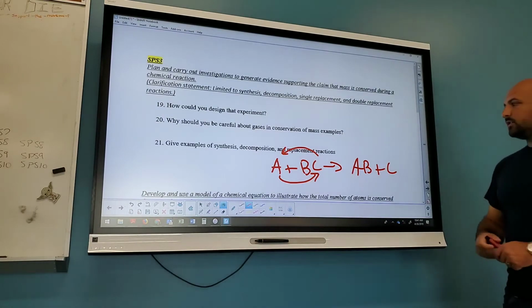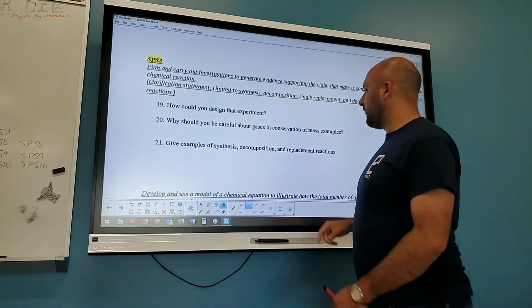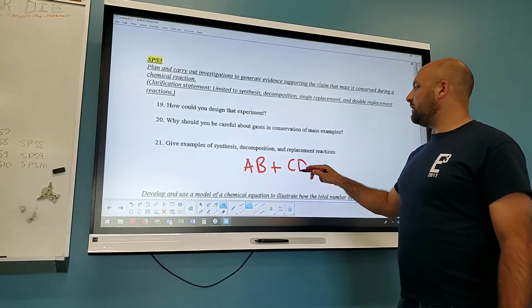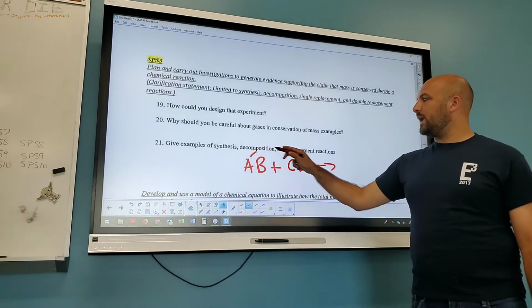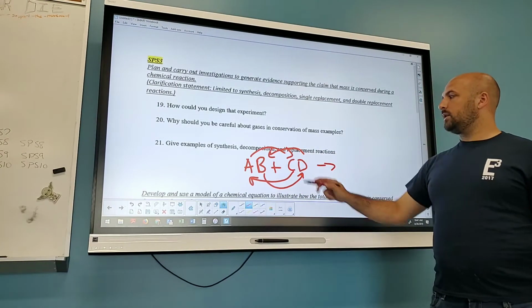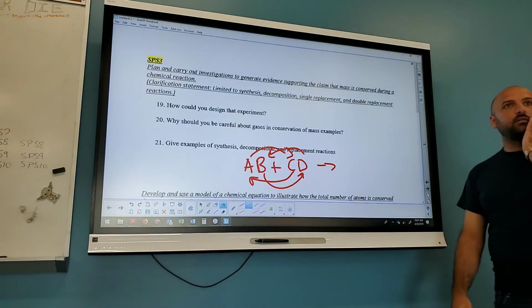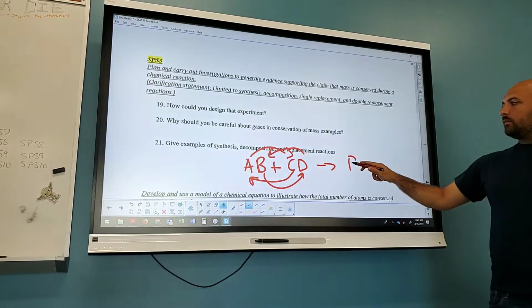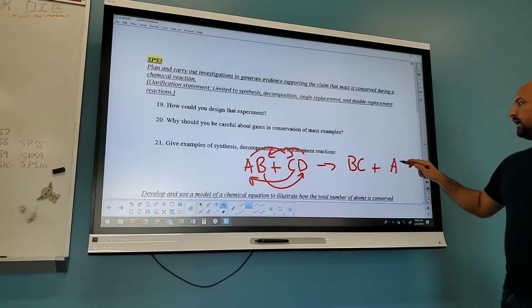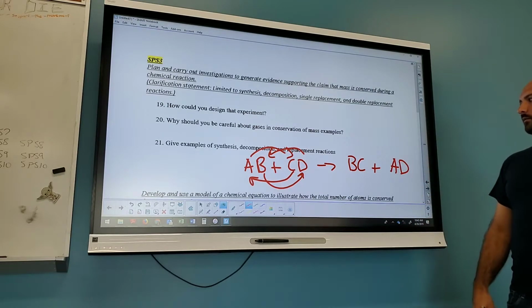What makes a double replacement? Two switches. You have two compounds and two switches. You swap the A and the C, and then swap the B and the D. So we have four total things swapping around, and we get BC plus AD.